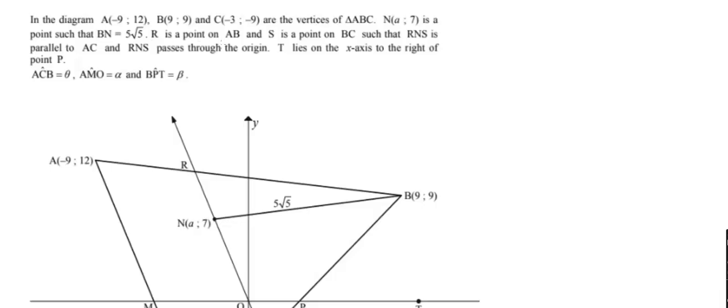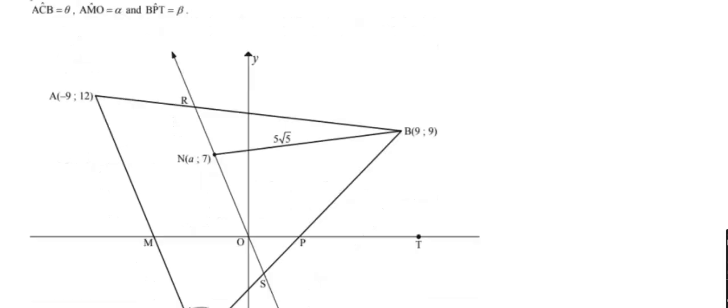R is the point on AB, and S is a point on BC.